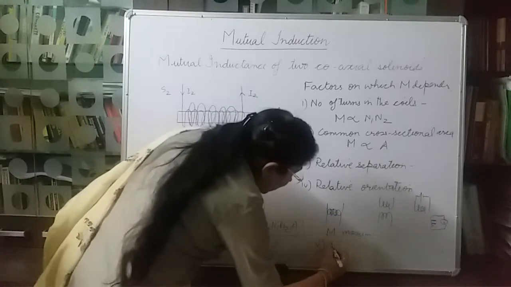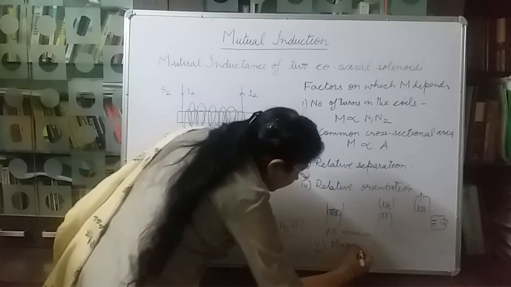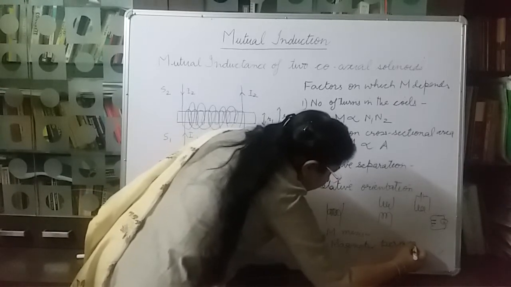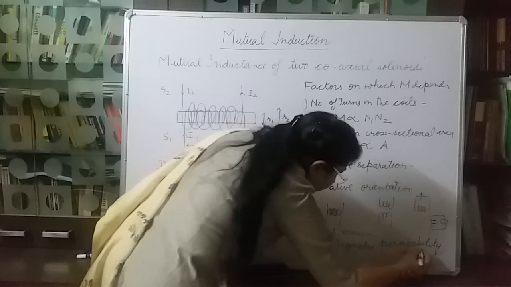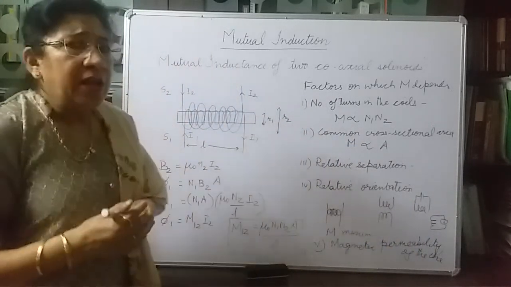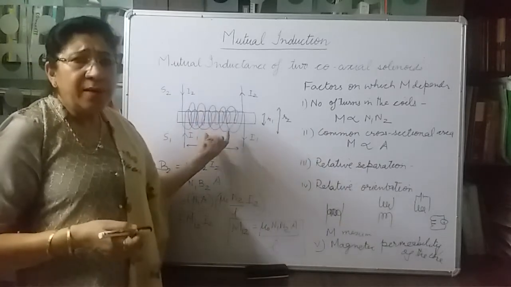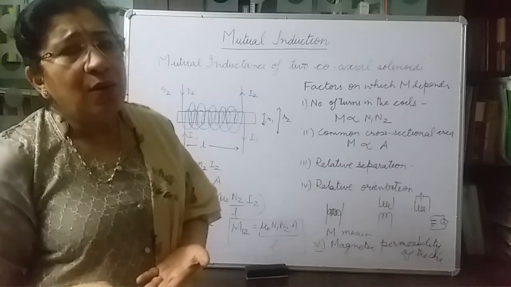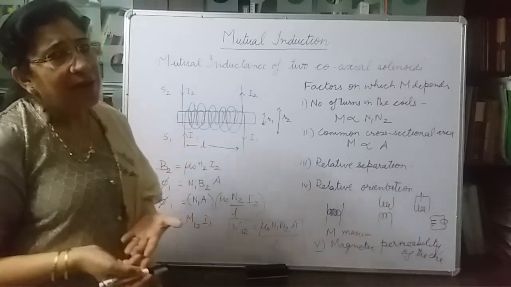So it also depends upon the magnetic permeability of the core, or the material of the core. If the air core is there, then mutual inductance is lesser, and if we have an iron core, mutual inductance increases.